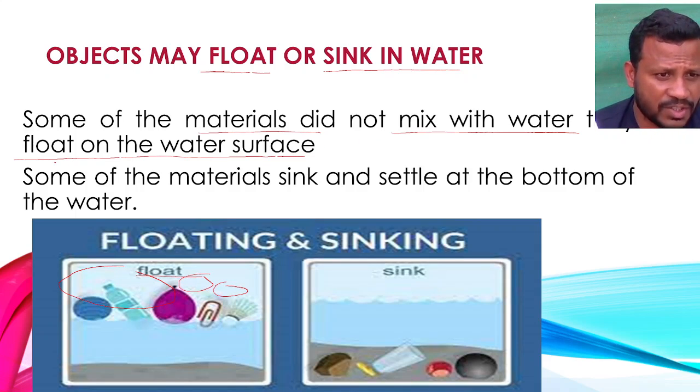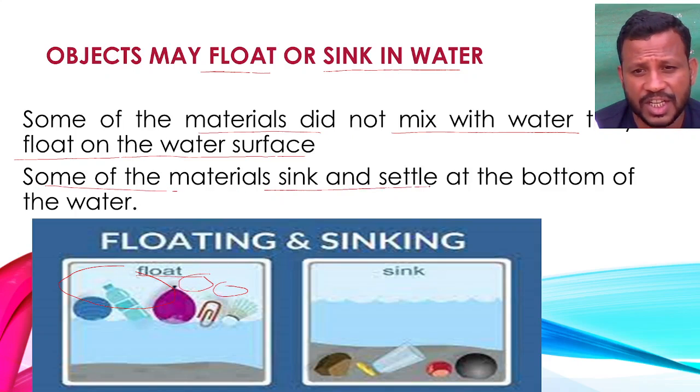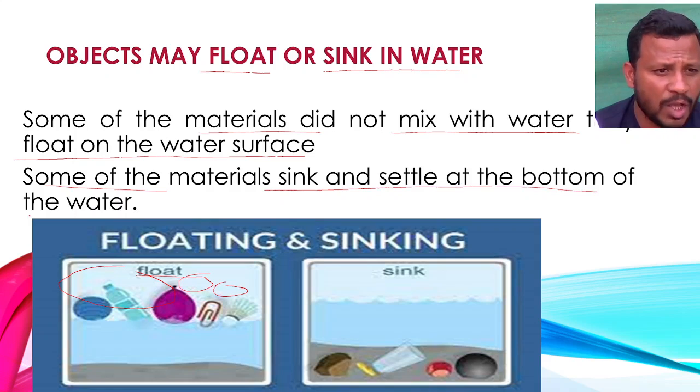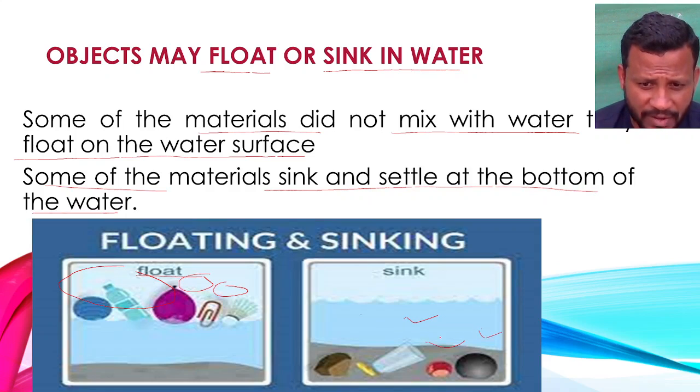And some substances or materials sink and settle at the bottom of the water. Here we see a lot of glasses, stones and some other heavy materials, and when you throw these materials in the water, they settle at the bottom.